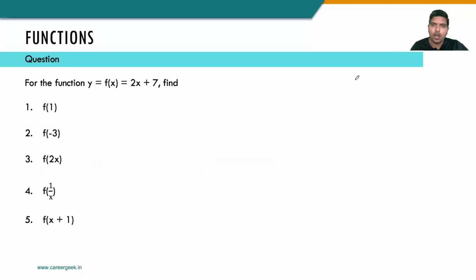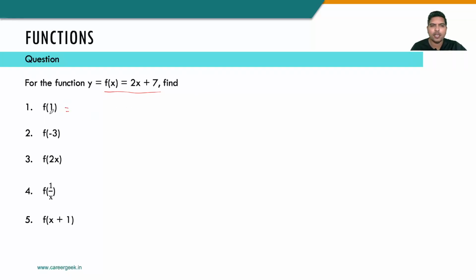Now, how to solve basic questions of functions? Let's say a function is defined by 2x plus 7, right? f of x is 2x plus 7. You have to find f of 1. Now, what is f of 1?